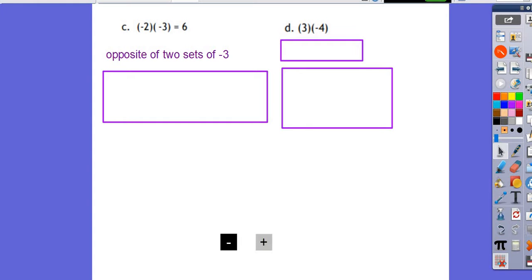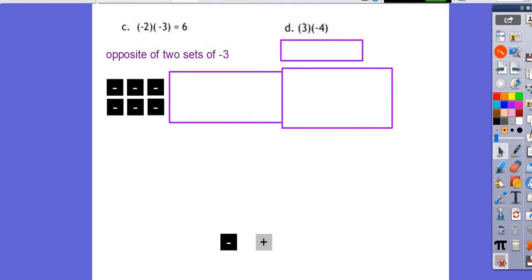I don't say opposite of negative 2, because the word opposite means take the opposite of 2. It's already been used. I can't use it again. So first, I need to draw 2 sets of negative 3. So there's 2 sets of negative 3.